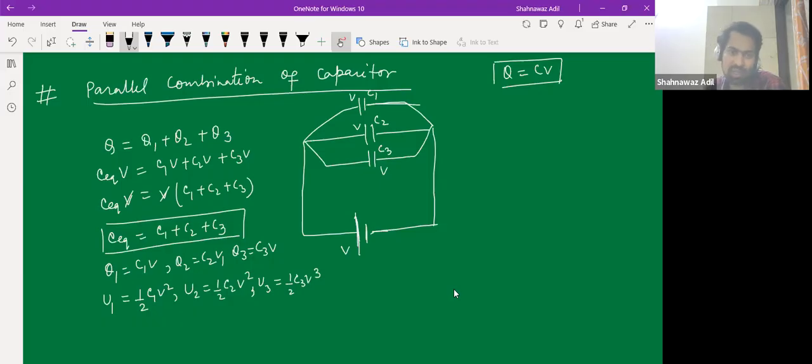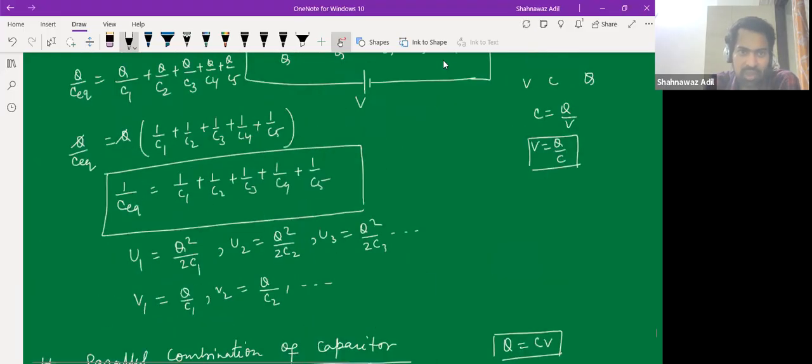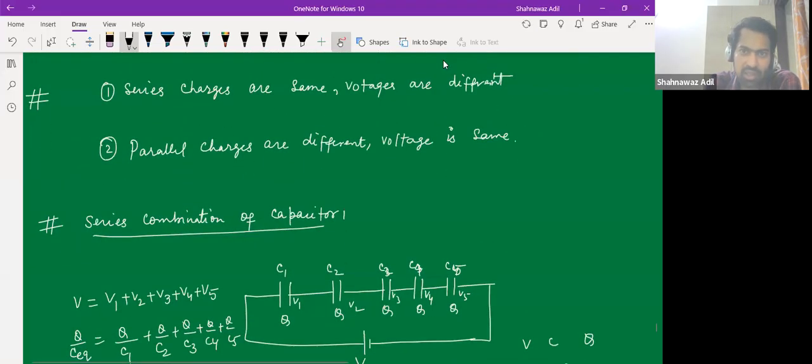So in this way, we can calculate. This you guys already knew, right? We have to remember that in parallel combination, this is the scenario, and in series combination, there is the other scenario. So please note down this part. I know that you have already done the CBSE course, but please note it down. If we repeat things, then we can remember it for a longer time.